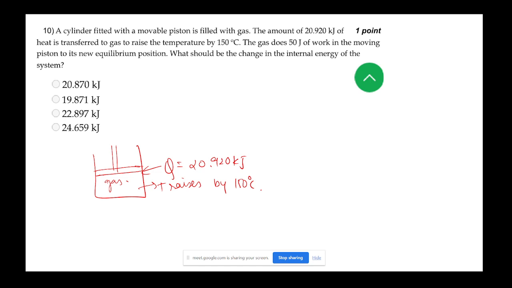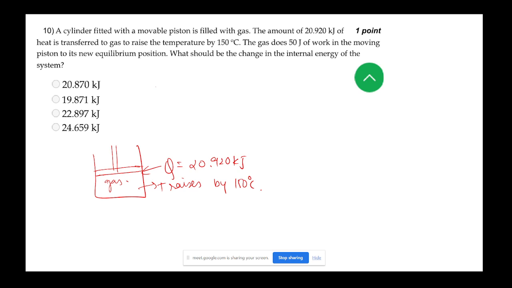Since you are applying some heat to the system, the molecules of gas will have more energy, which results in faster mobility of gas molecules.